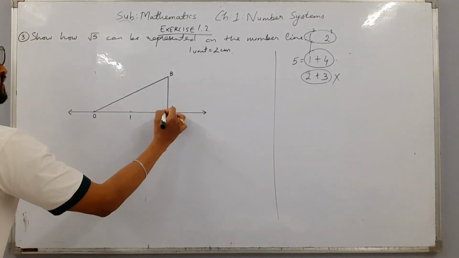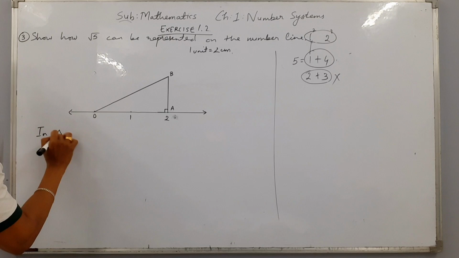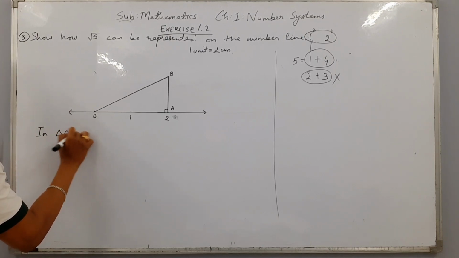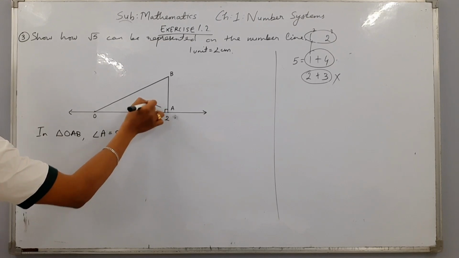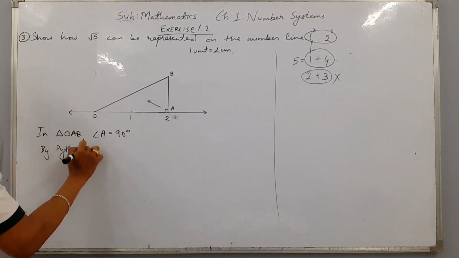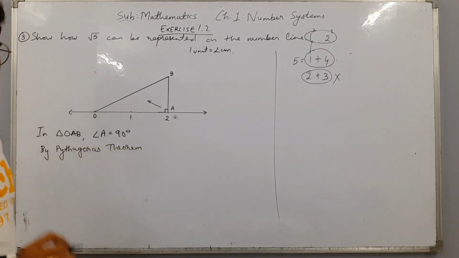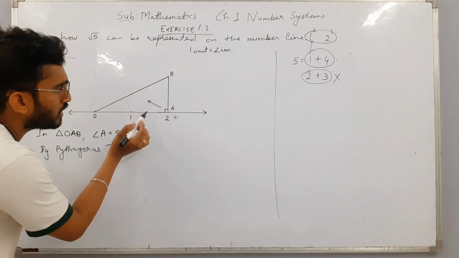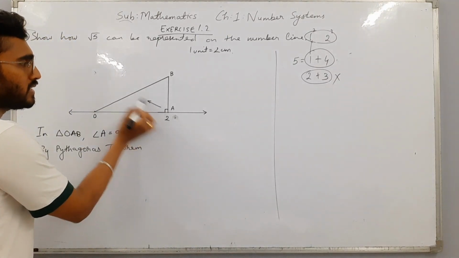Here it is a 90-degree right angle triangle. So we'll write, in triangle OAB, angle A is equal to 90 degrees. Applying the Pythagoras theorem, we have to see which side is opposite to 90 degrees. Opposite to 90 degrees here is OB.